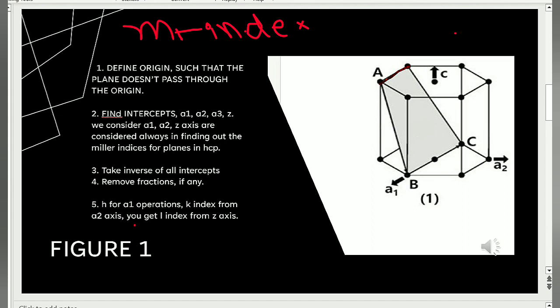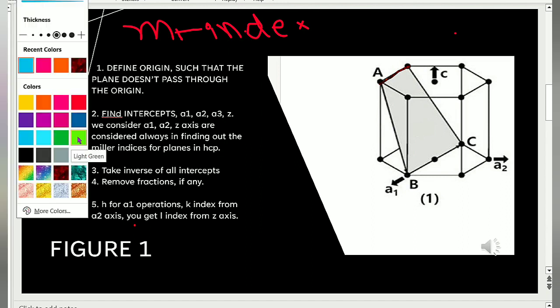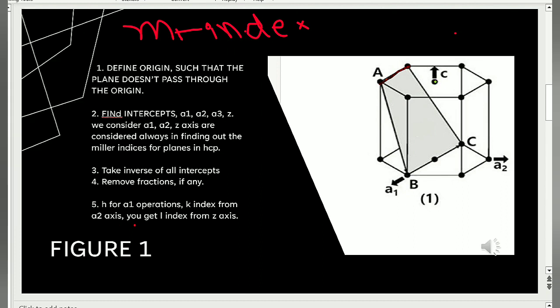This is the origin point, and you can see that here is the plane in gray lining, and the origin and the plane are separated. The origin is not lying on the plane, so our first condition is satisfied, and now we can define the coordinate system.